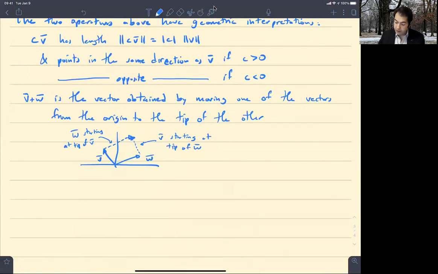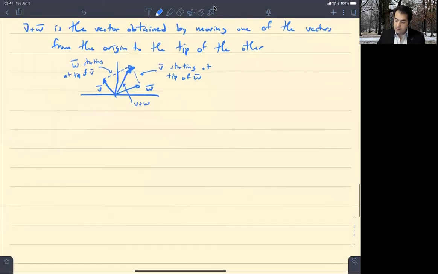And the resulting vector is the sum. So that would be from the origin to this endpoint. This is v plus w. Okay.